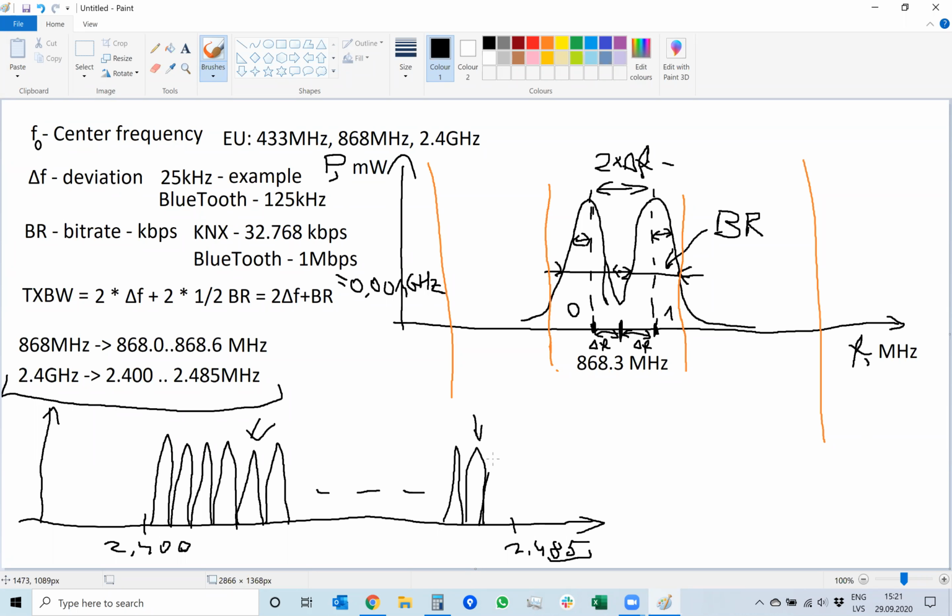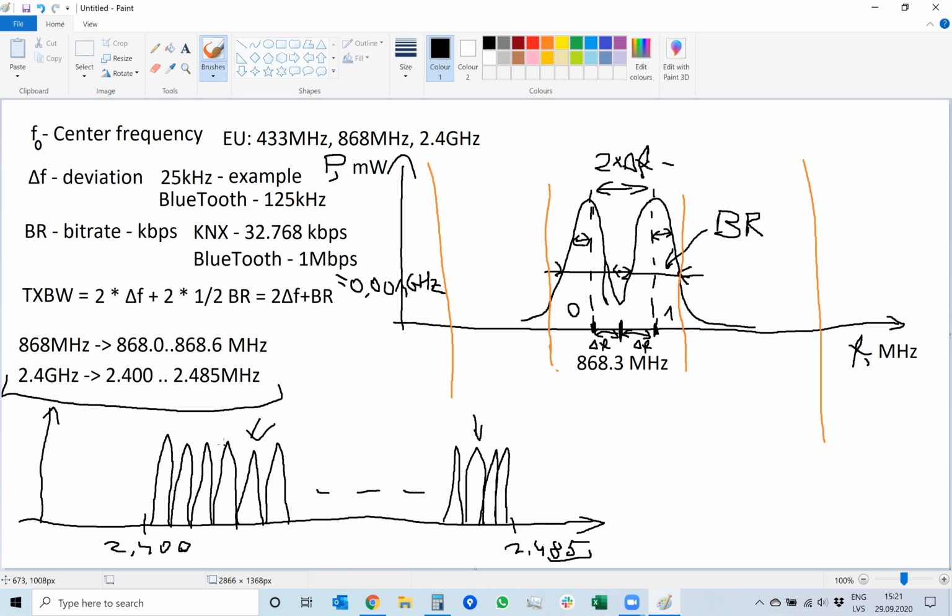And actually, to be even more robust, Bluetooth devices randomly jump through these frequencies during communication, so that there's a very low probability that two Bluetooth devices would jump to the same channel at the same time and there would be a collision.